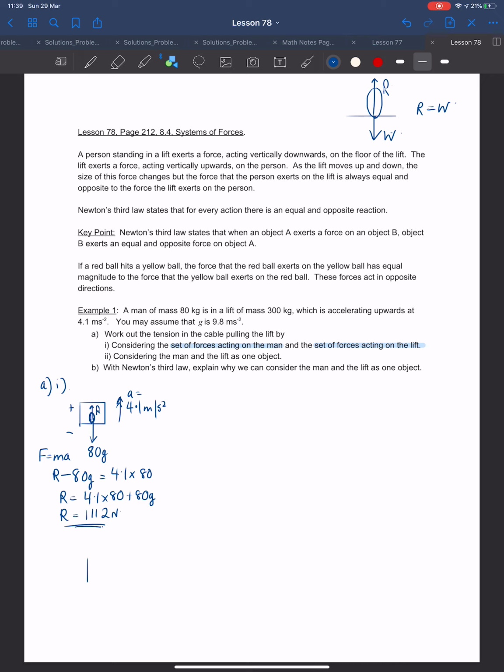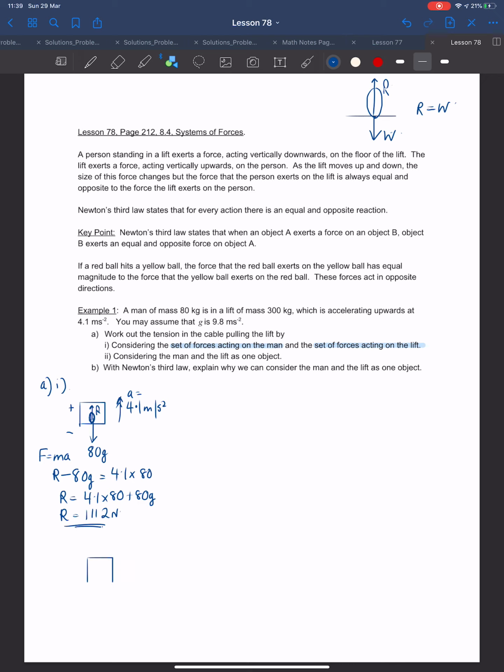We've got a tension in the cable. There we are. And then we've got the man here. So the downwards acting forces on the lift are the man and the weight of the lift.